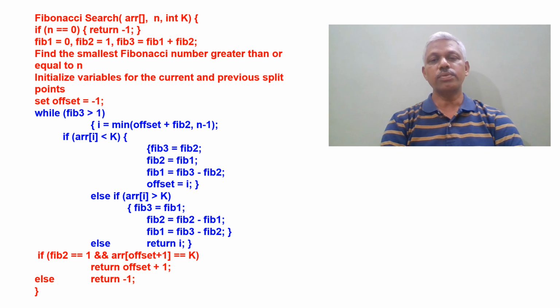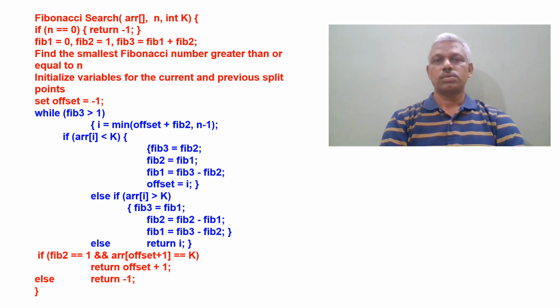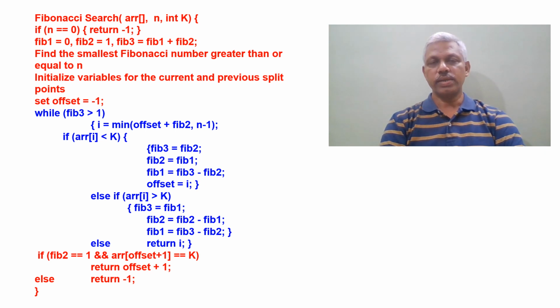If it is one value, it returns I in the above case. If it consists of two values, fib2 becomes 1 and array of offset plus 1 will be the key. So using Fibonacci numbers, we gradually divide the array into smaller and smaller parts.